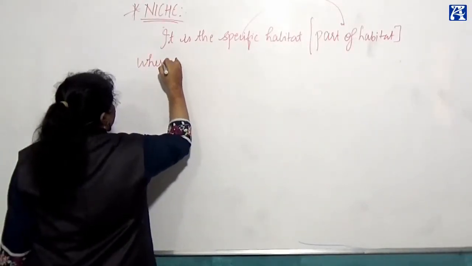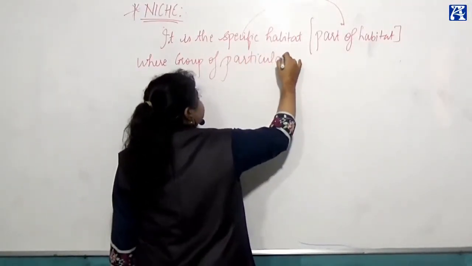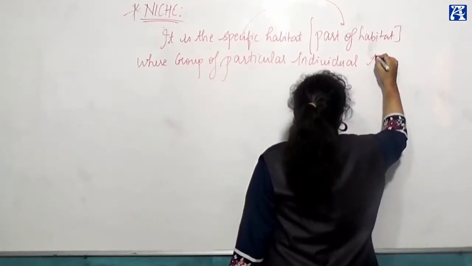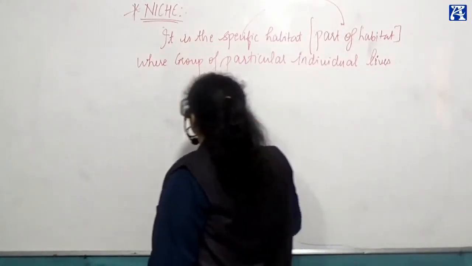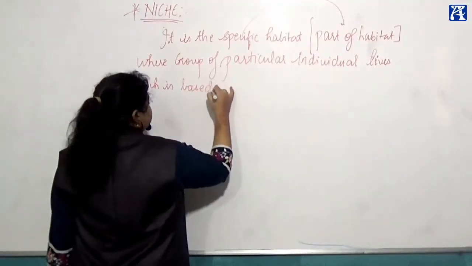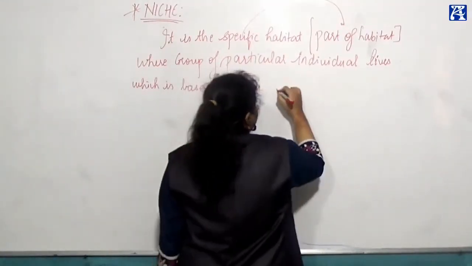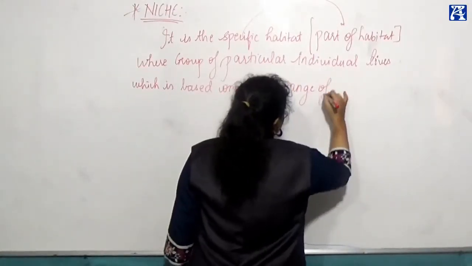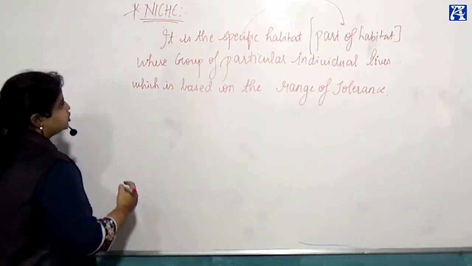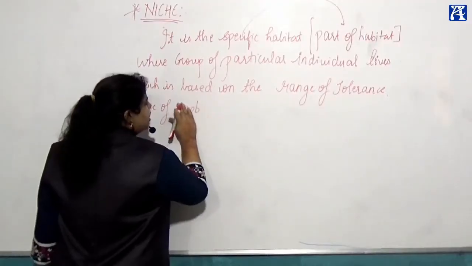where a group of particular individuals lives, which is basically based on the range of tolerance, range of mobility or range of movement.